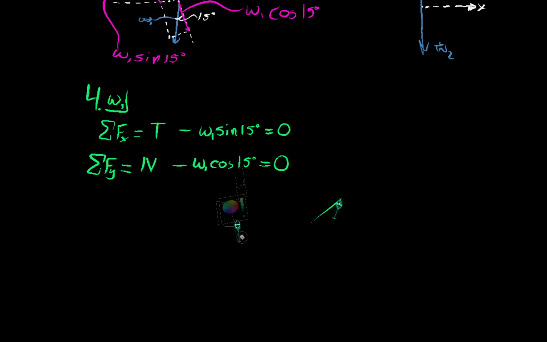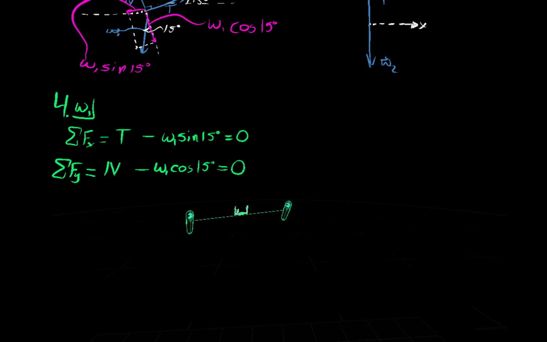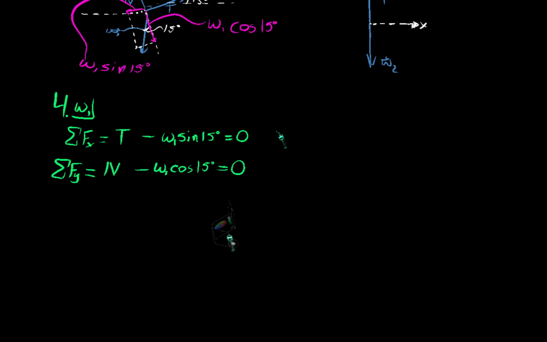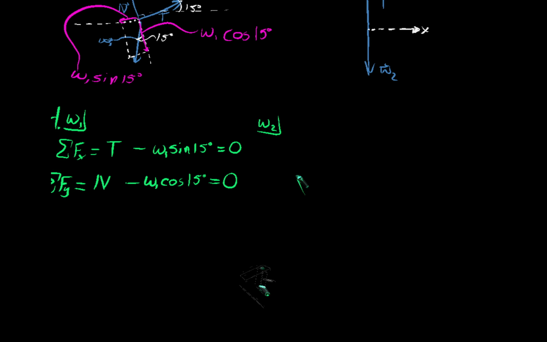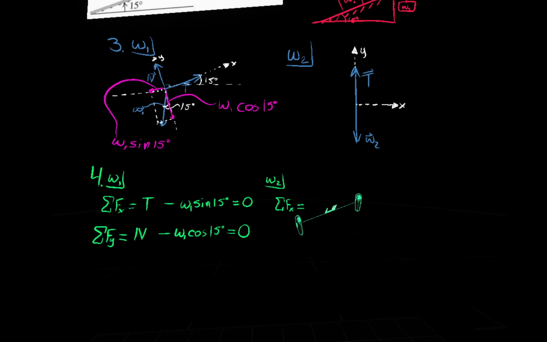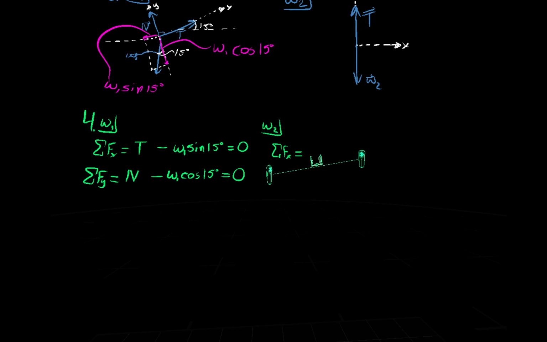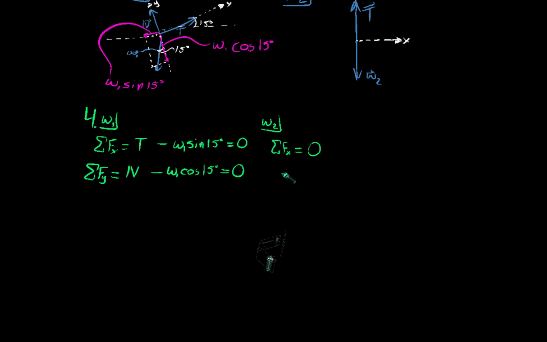All right, and then let's do W2. So here's W2. Our equations come from sum of the x and sum of the y. So sum of the forces in the x, there are no forces in the x. So it's 0. Not very helpful.